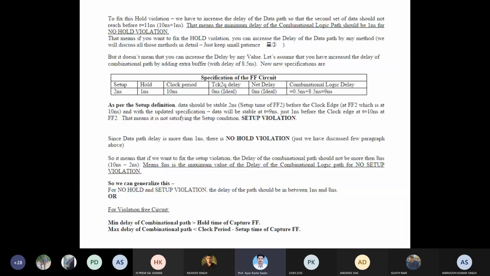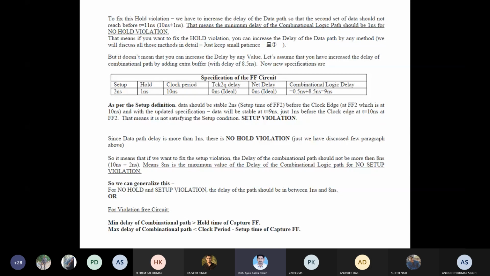That means the minimum delay of the combinational logic path should be 1 nanosecond for no hold violation. To fix the hold violation, you can increase the delay of the data path by any method. There are various methods given towards the end of these slides on how to reduce hold violation and setup violation. One of the methods is that you can put another buffer here and the delay will increase.